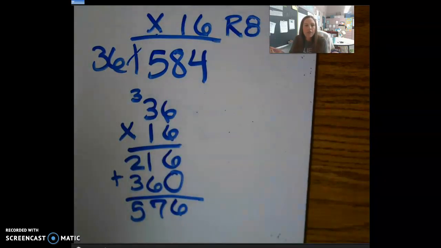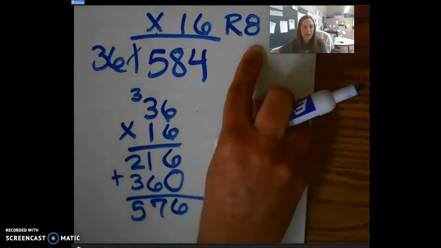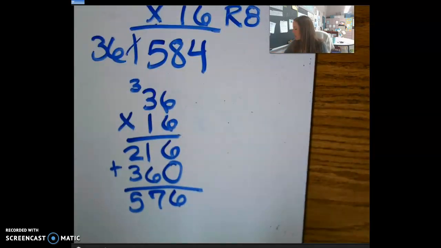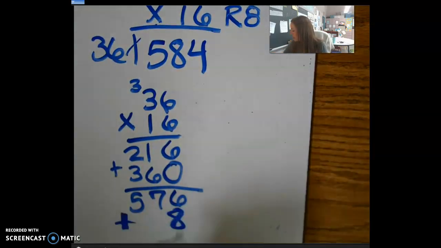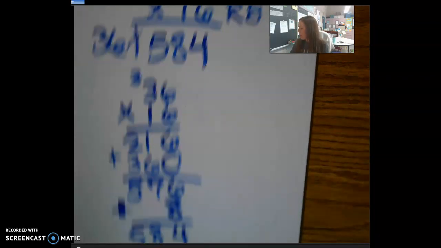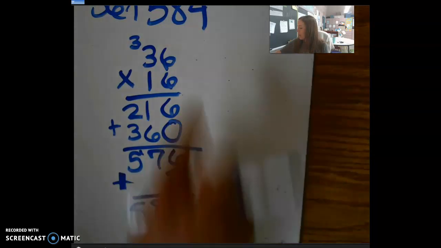I didn't have enough groups, okay? So that means I have 8 pens left over of the 584. So I'm going to add it, which means 6 plus 8 is 14, carry the 1, 8, 5. So when I add my remainder, then I get my dividend.